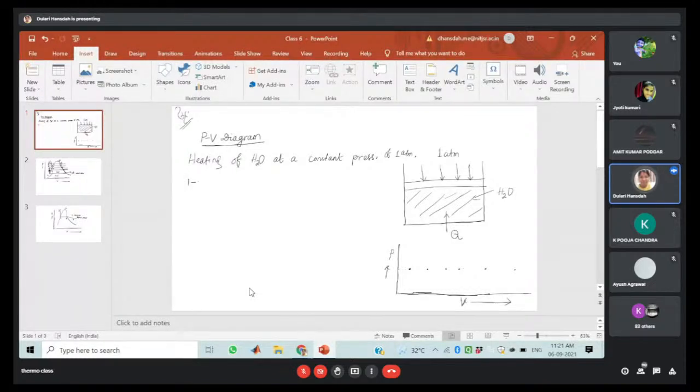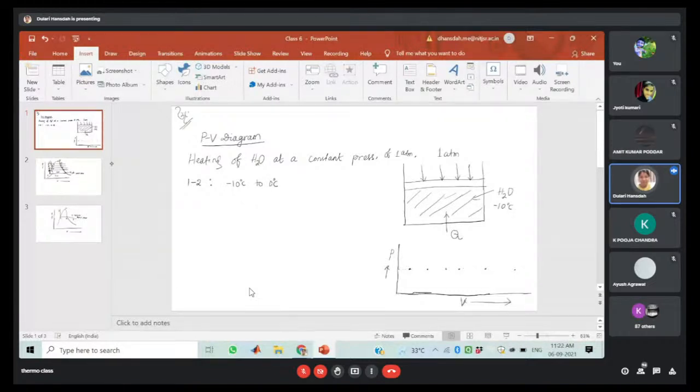So let us consider the 1 to 2 process. Initially the solid ice temperature, let us consider, is minus 10 degrees Celsius and the pressure is 1 atmosphere. When you are heating this pure substance, the temperature of the ice will increase from minus 10 degrees Celsius to 0 degrees Celsius.